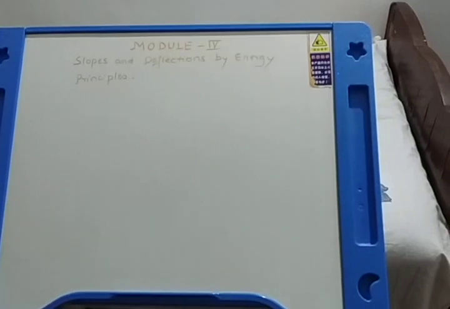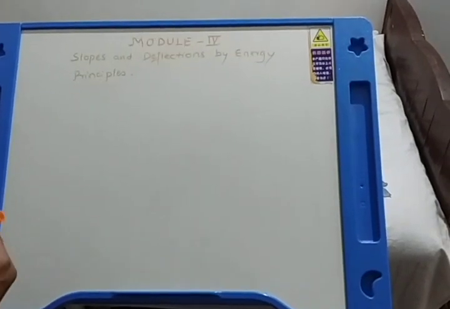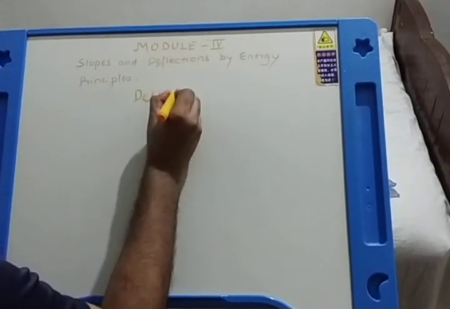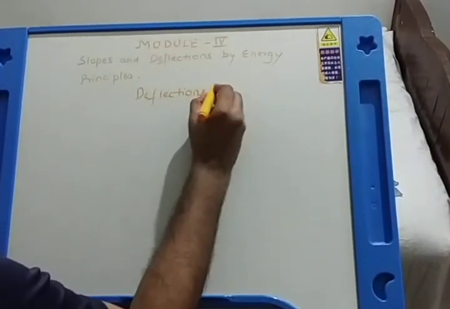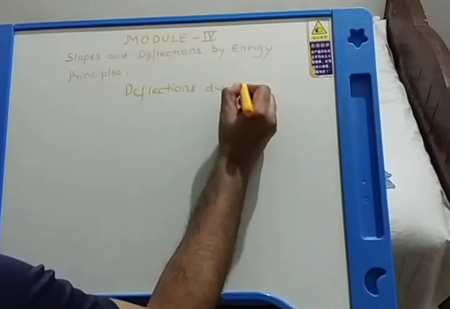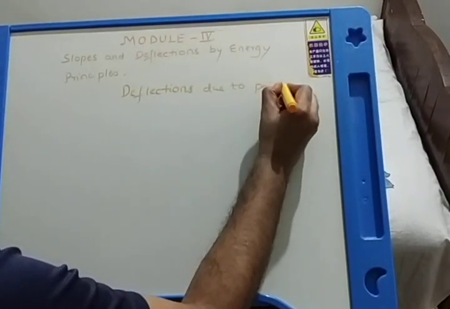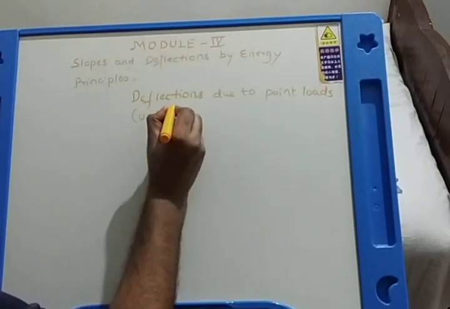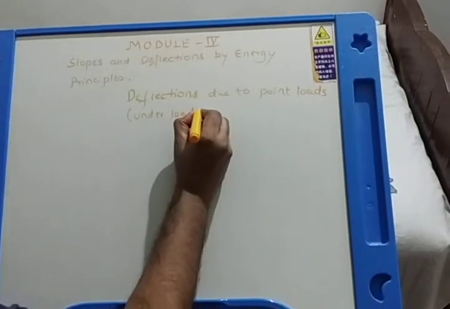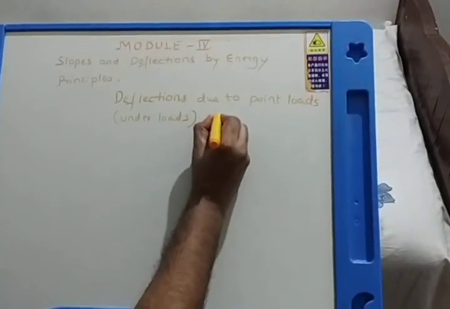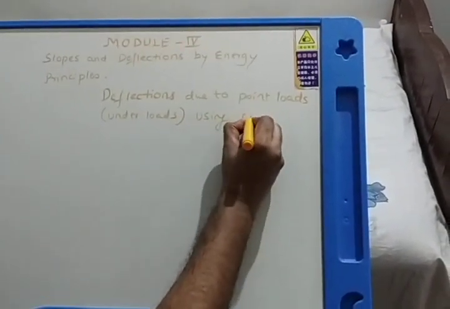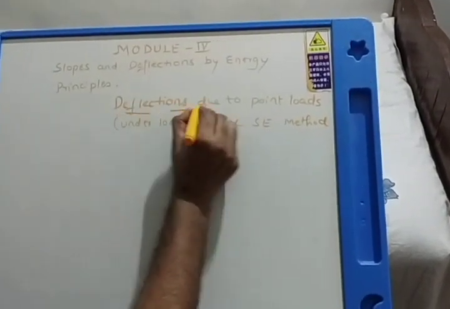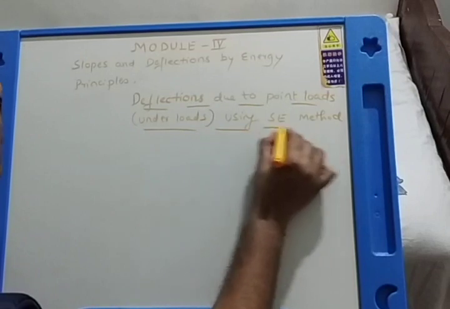So my topic now will be deflections, only deflections due to point load under the loads. That means where the load is there only we are going to find the deflection using the strain energy method. So this is the subtopic that I am going to do today.